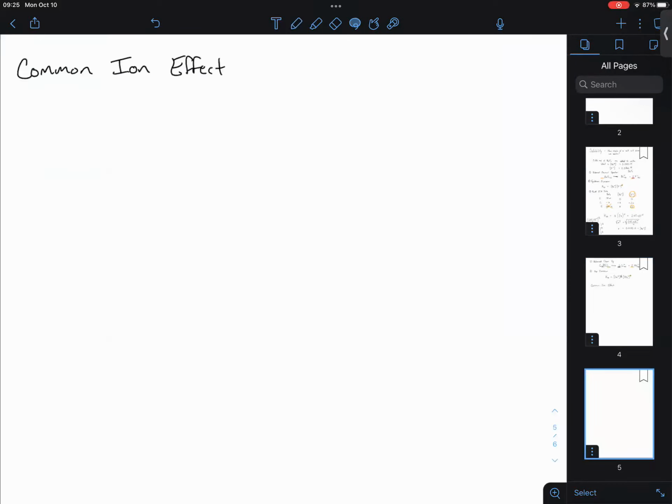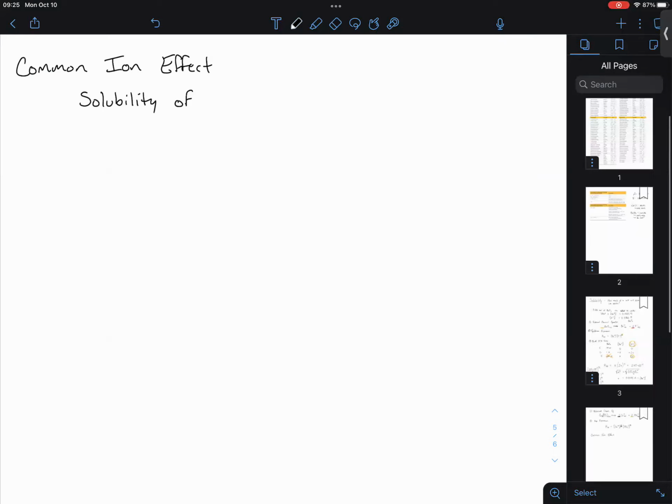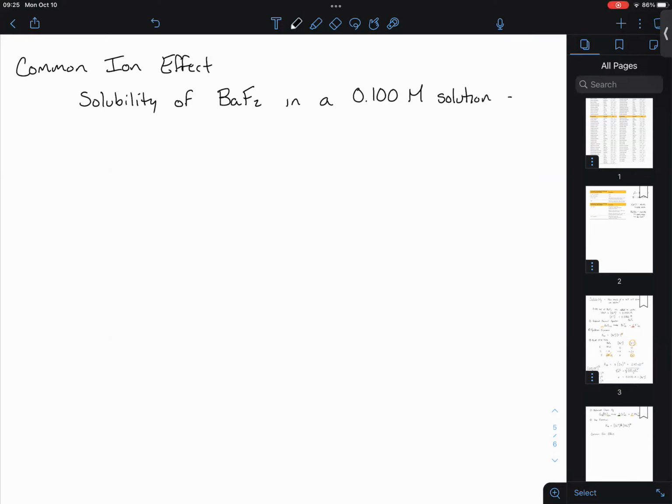So now we're going to explore the solubility of our solution that we started with, which is again that barium fluoride, in a 0.100 molar solution of sodium fluoride.